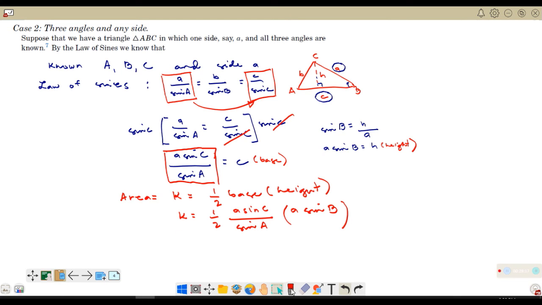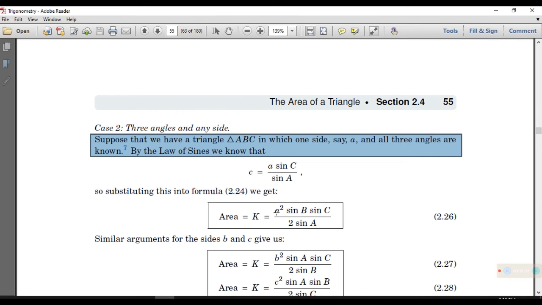We have here K is equal to 1/2. Tapos, multiply na natin sila. A times A, we have A squared. Sin C times sin B, we are going to have sin B sin C.